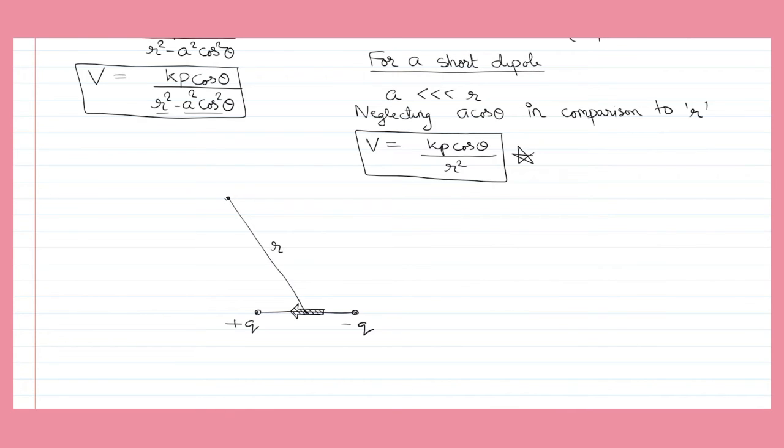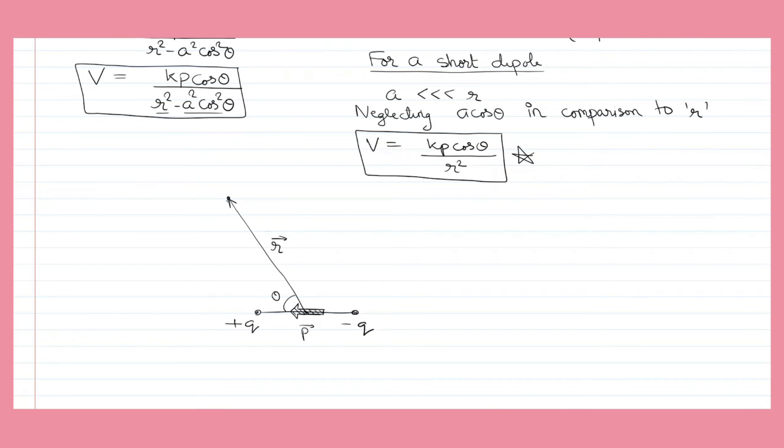At the point P, there is no direction of potential because potential is a scalar. This is angle theta, the angle between P vector and R vector. So the formula is Kp cos theta upon R square.